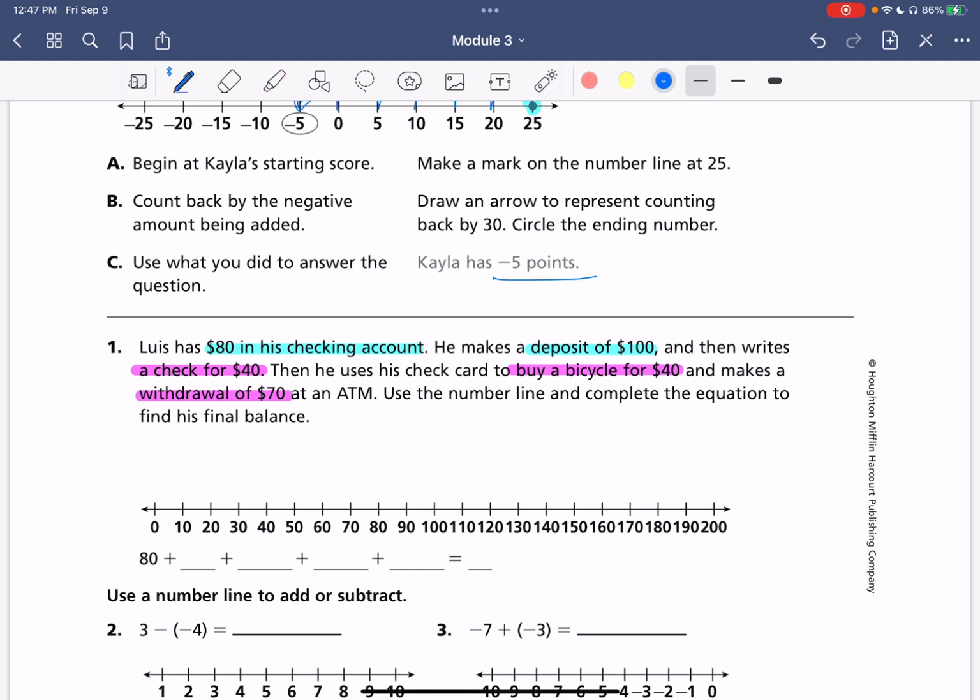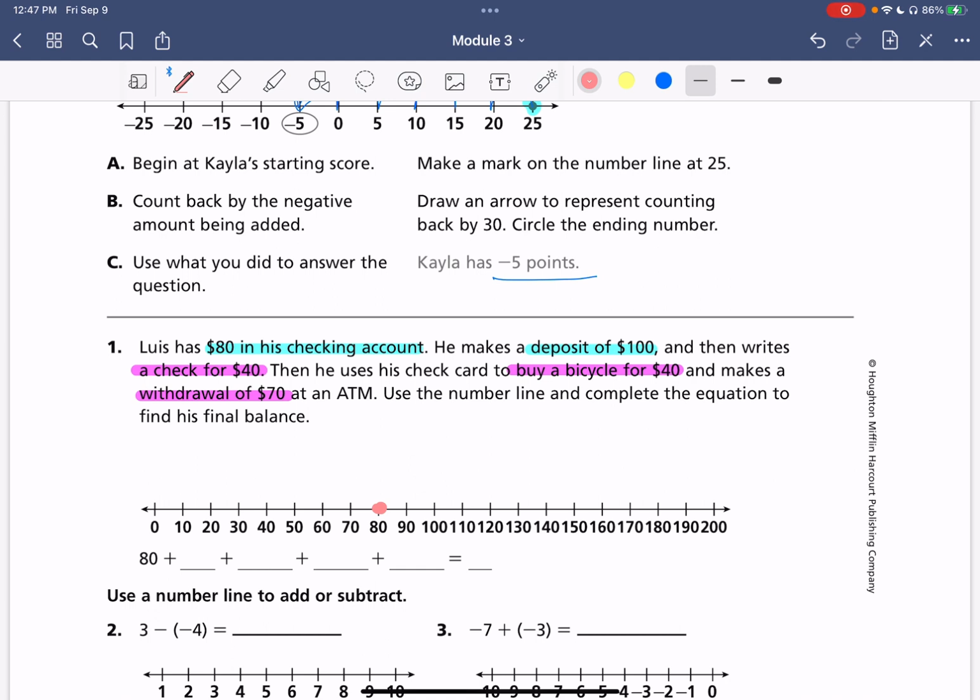So let's go on our number line here. We're starting at 80. And made a deposit of $100. So look at our increments on our number line. Are we counting by ones? Are we counting by fives? Are we counting by tens, 20s? What does it look like?